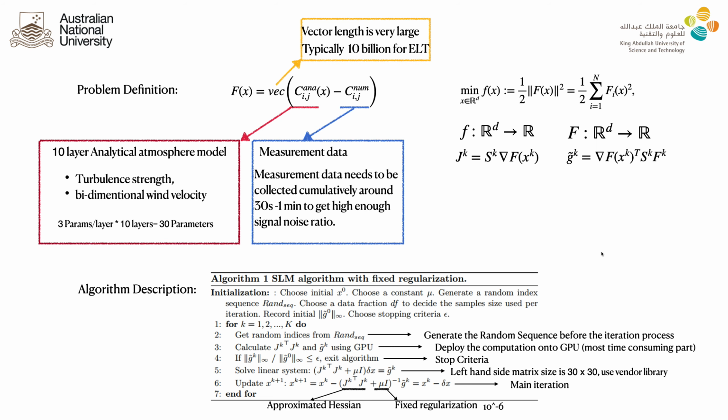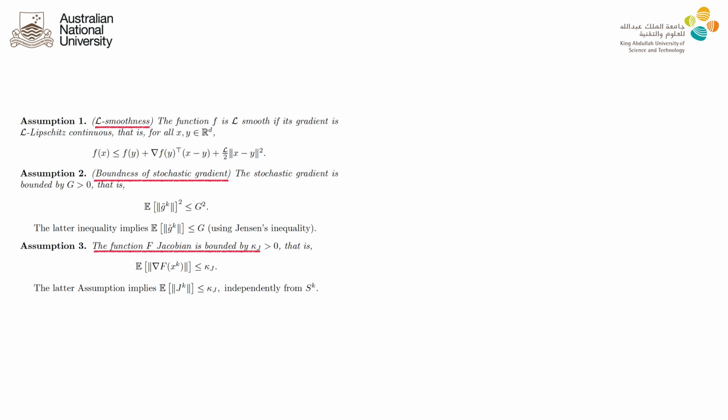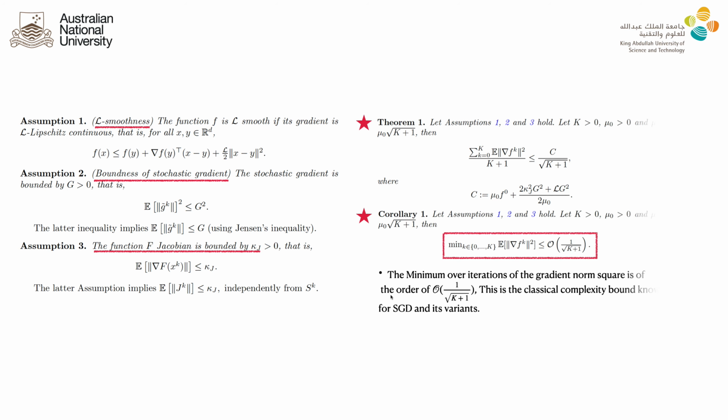Then we will introduce our theory result. We have 3 assumptions: the function is smooth, and we bound the stochastic gradient, and we also bound the stochastic Jacobian. Then this is the theorem.